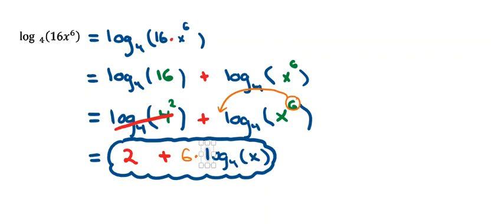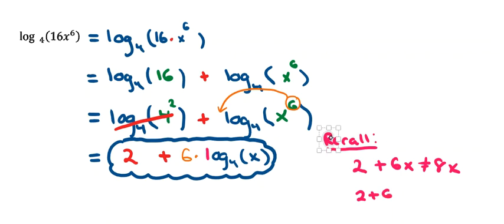You might be wondering, though, if this is equal to 8 times log base 4 of x. I'll let you know right off the bat that it's not equal to 8 times log base 4 of x, because as a quick recall, if we were to take 2 and add it to 6x, this would not equal 8x. 2 plus 6x is just 2 plus 6x.